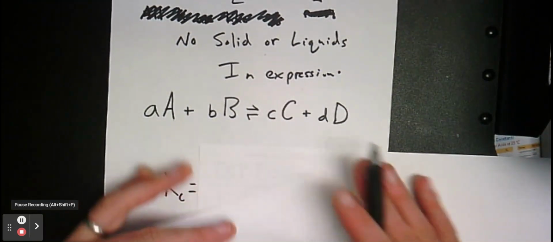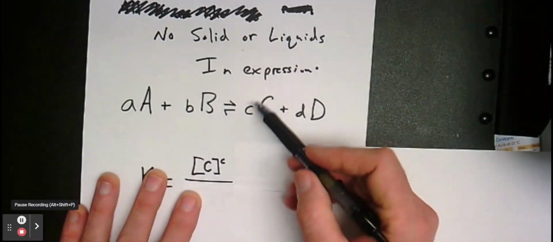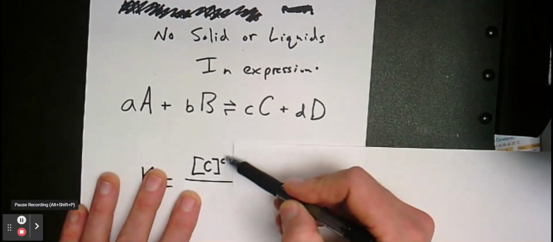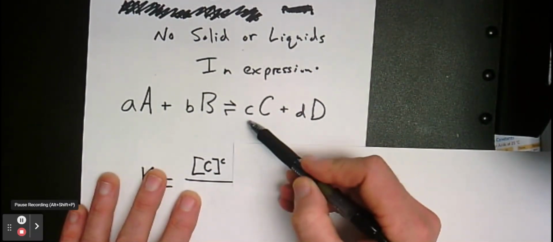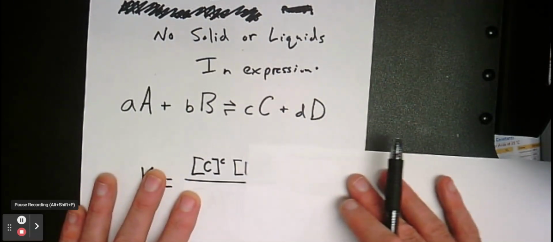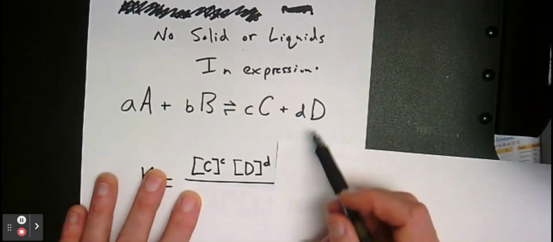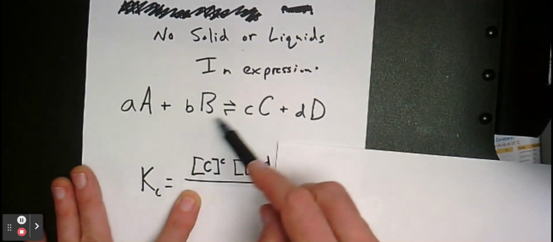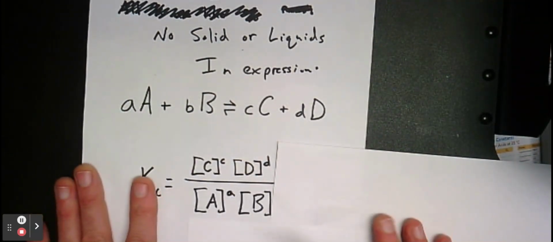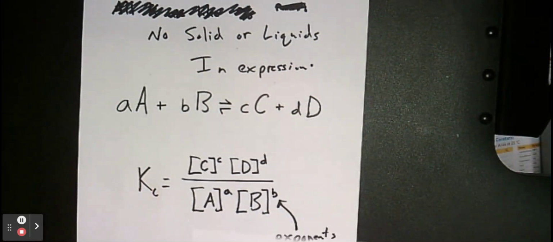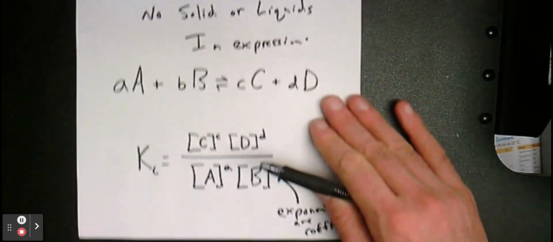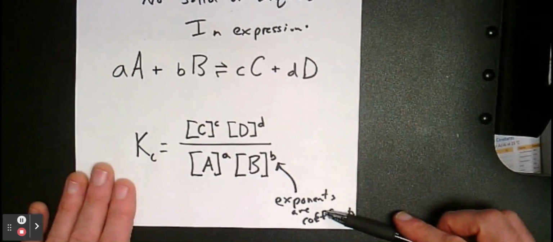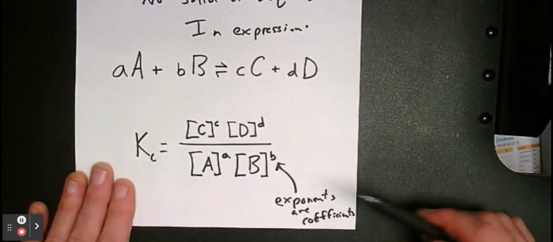So the first product is this, the concentration of C raised to the coefficient of C. I'm going to multiply that by this, the D. And then the reactants are going to go on the bottom, where the exponents become your coefficients.